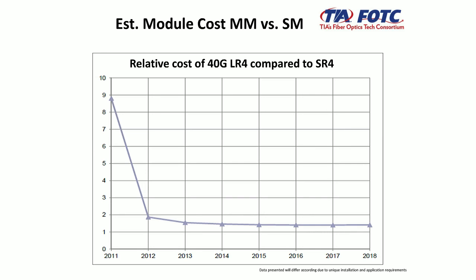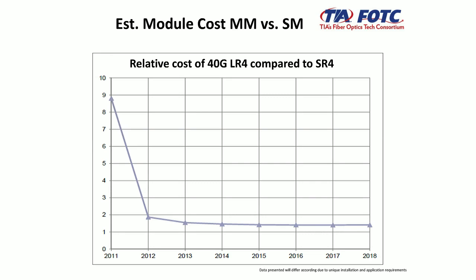I wanted to talk a little bit about cost, and I can't talk too much about cost because we have to remain agnostic, but I thought this was a good comparison. This is actually from a couple of years ago, and it shows the cost of an LR 40G solution compared to an SR 40G solution.